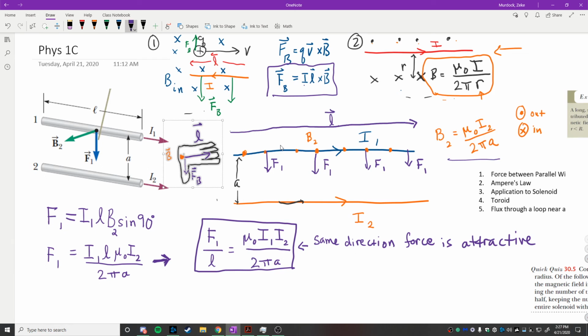So if the current is in the same direction, the force is attractive, but if the current is in opposite directions, then the force is repulsive. Maybe that's not clear. So if the currents flow in the same direction, you're going to get an attractive force. If they're in opposite directions, you're going to get a repulsive force.